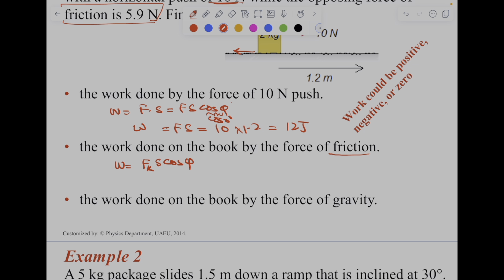The object is moving in this direction and the friction force in the opposite direction, so the angle is 180. So you have Fk S cosine of 180 degree.